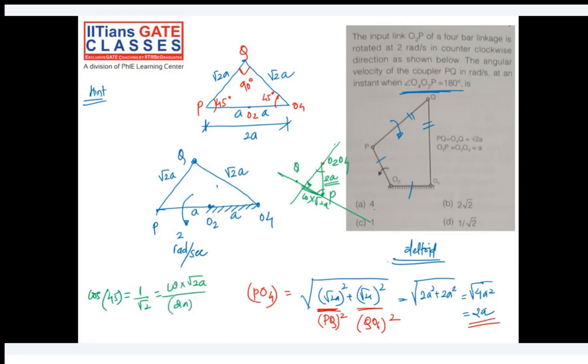Sorry, 2 into a. So omega, what you will get here is omega will be equal to 2a divided by 2 root a. Root will get cancelled.